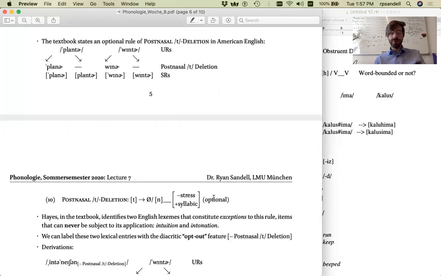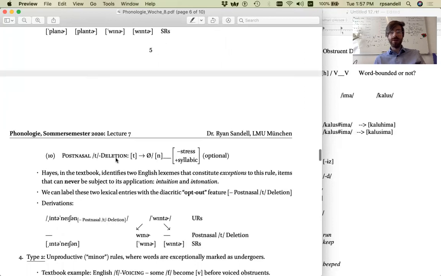We can describe the rule as something like this: a T is deleted after an N preceding a stressless syllable. And in the textbook, Hayes explicitly points out that there are at least a couple of words of English which are exceptions to this rule, in that they simply cannot undergo the application of the rule whatsoever.